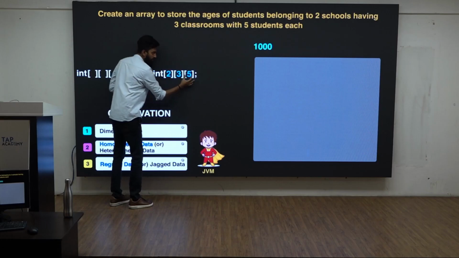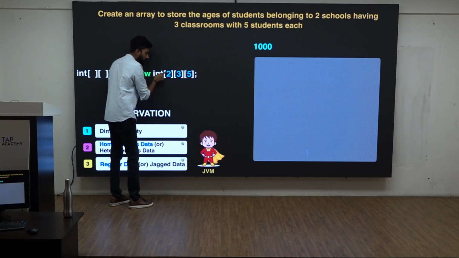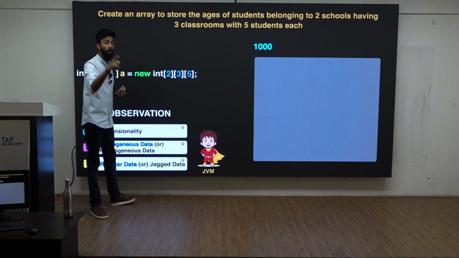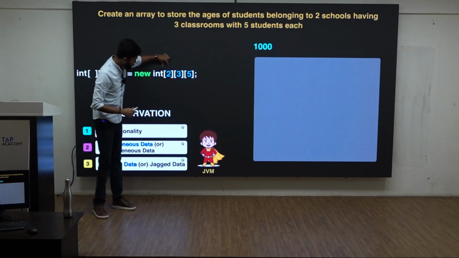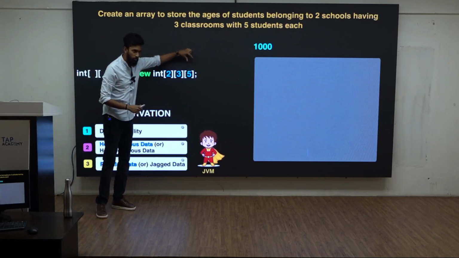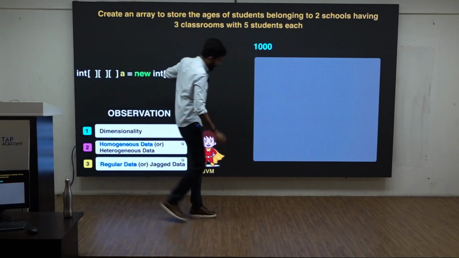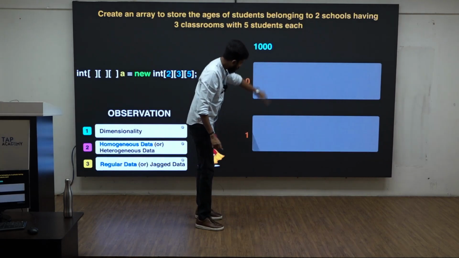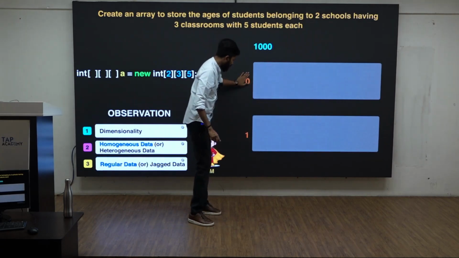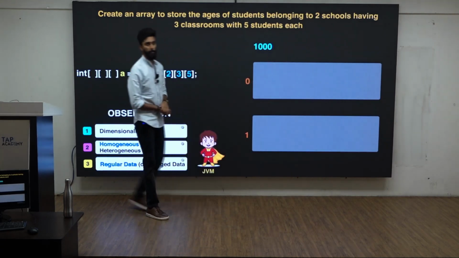Listen, this is columns. This is rows. What is this now? This is the number of blocks. Blocks, rows, columns. Tell me how many blocks? 2 blocks. It will split this into 2 blocks. 0th block, first block. Am I clear?